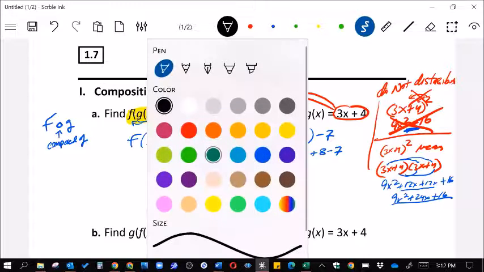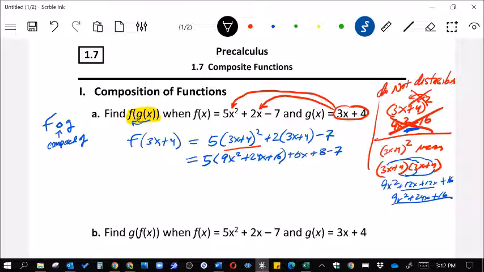Now I need to multiply 5 to each of these things. I guess I'll continue with blue here. I get 45x squared plus 120x plus 80 plus 6x plus 1, putting the 8 and negative 7 together. Now let's put them all together.